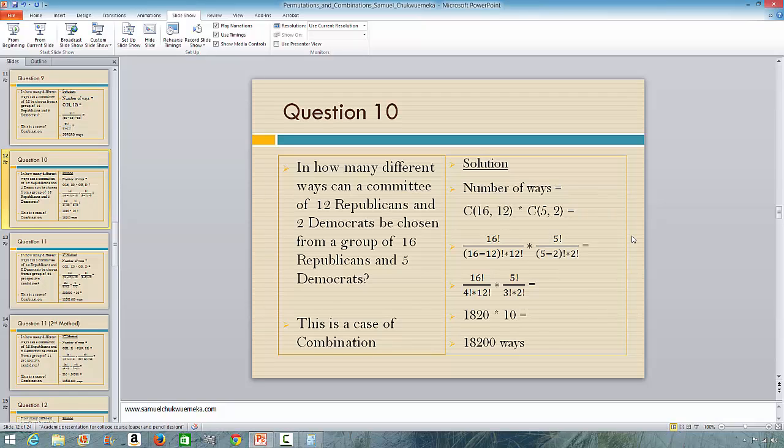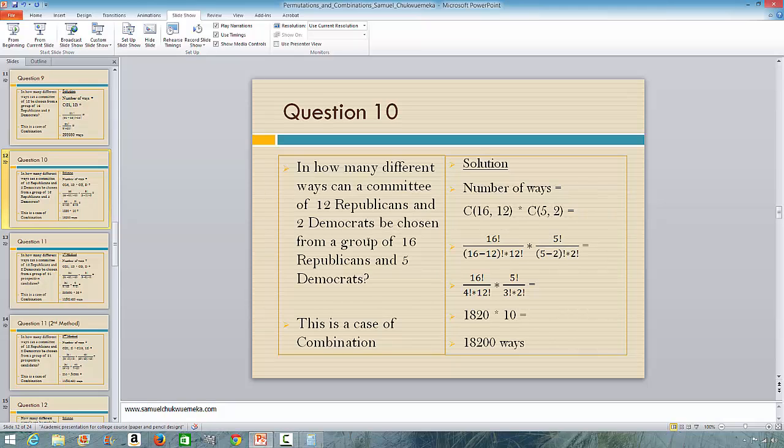They just said 12 Republicans and 2 Democrats from a group of 16 Republicans and 5 Democrats. In this particular case, we have to match similar items. We have to match Republican with Republican, and Democrat with Democrat.